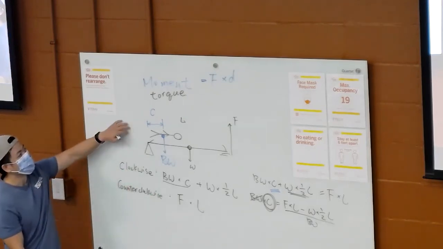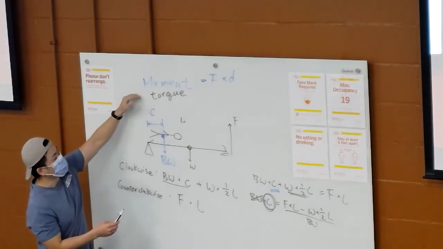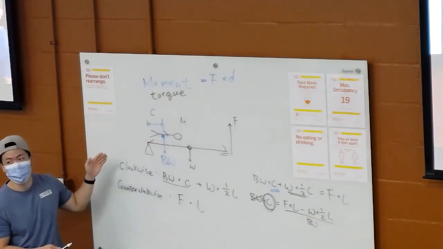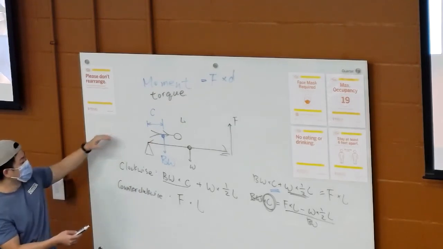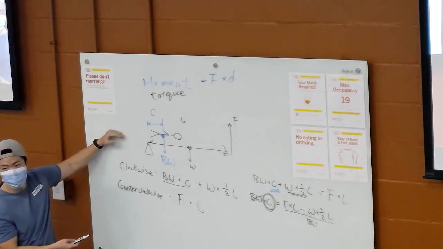And the concept we use is moment or torque. It's the same thing. Moment or torque is calculated by force times distance from force to axis of rotation. And we know in this system, it's not rotating, so clockwise moment should be the same as counterclockwise moment.